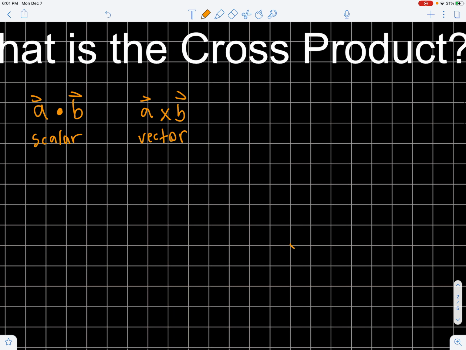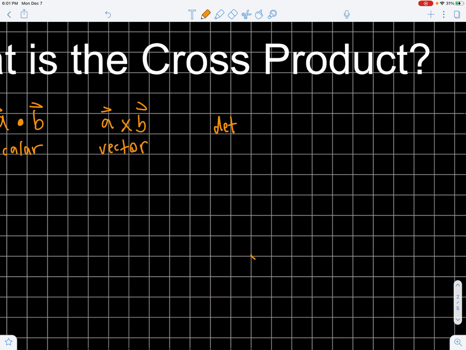So how do we find the cross product? Well, it turns out the cross product is the determinant of a matrix. Sounds gross, I know. The top row is the vectors i hat, j hat, and k hat.